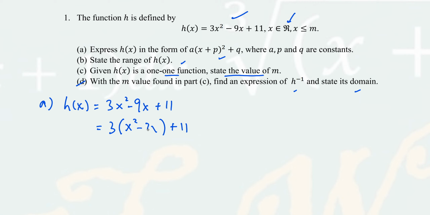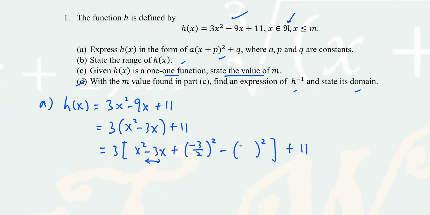Now rewrite the first two terms. If we do it step by step, add the square of half of the coefficient of x. The coefficient for x is negative 3, so half of this is negative 3 over 2.